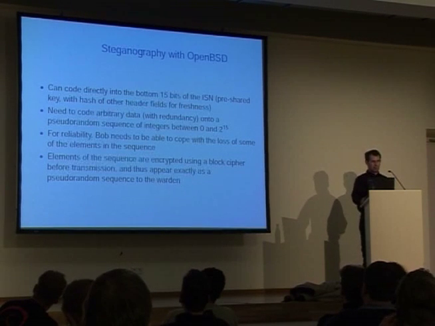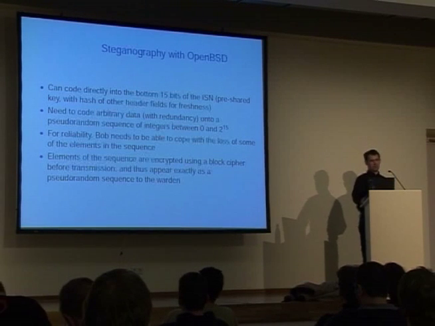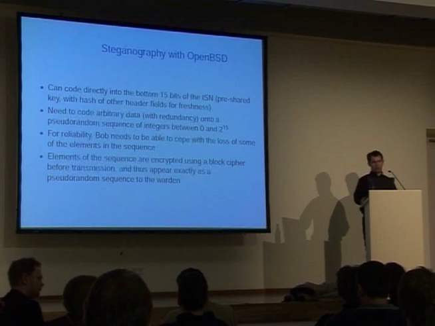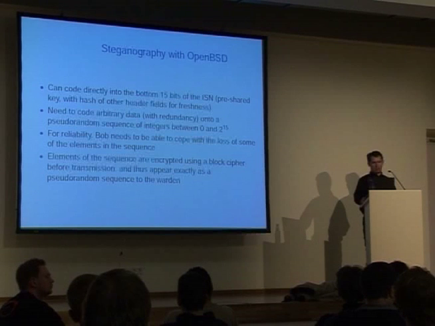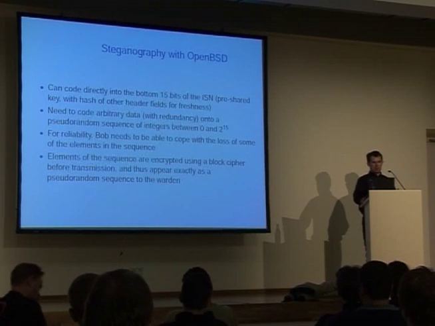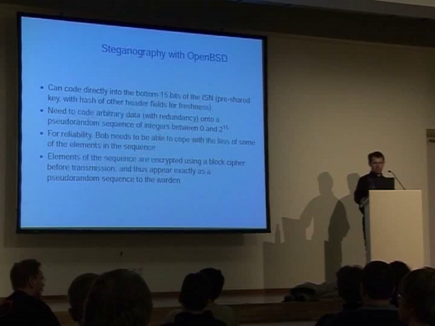The guarantee that a block cipher gives you is there's never going to be repetitions. Whereas if you're encrypting different messages, if you encrypt the same message twice with the same initialization vector, you will get the same thing out. And that should never happen. So what you have to do is encode arbitrary data into a pseudo-random sequence, such that there's no duplicates.